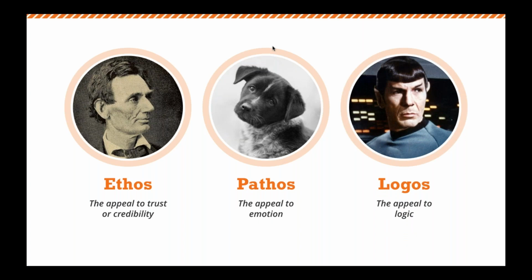So we're going to talk about how we can utilize these three persuasive techniques in your presentation when you're trying to convince an audience, basically that you're correct. You're trying to persuade them to agree with you about something, trying to persuade them to do something, or anything like that.